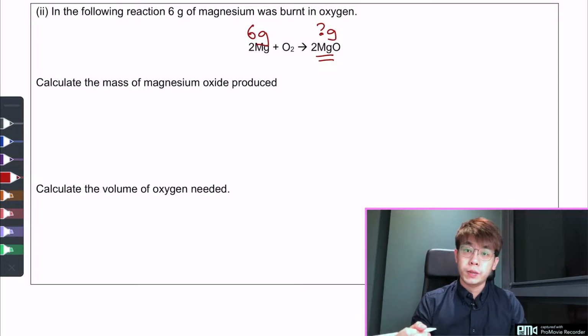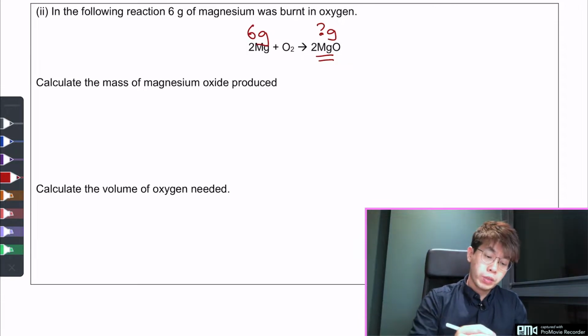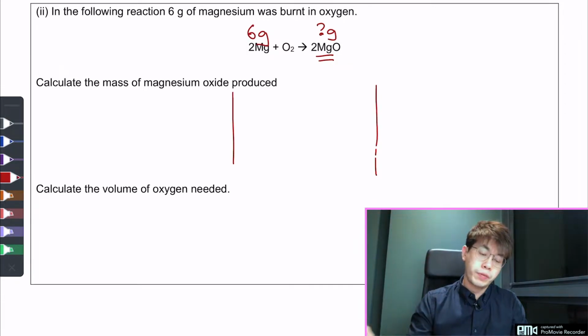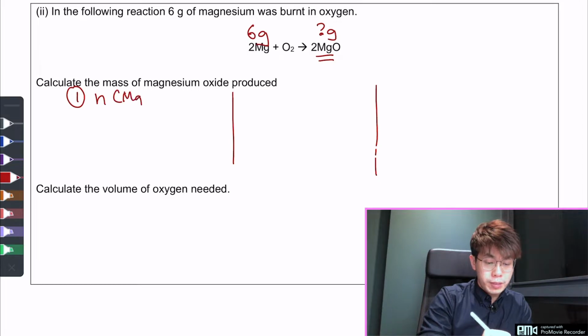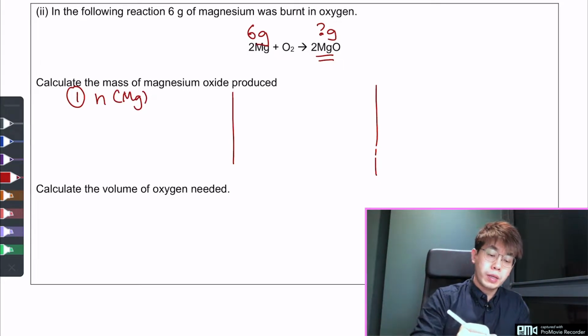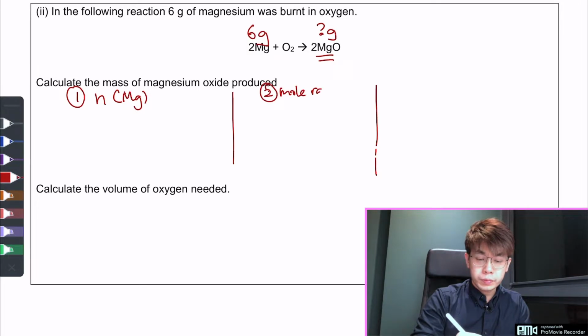Just to remind myself. And I must remember to divide my page into 3, because I want to do 3 different steps. The first step is to find the number of moles of magnesium. The second step is the mole ratio.